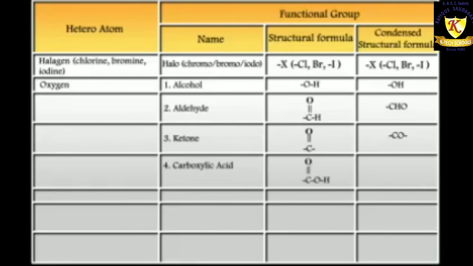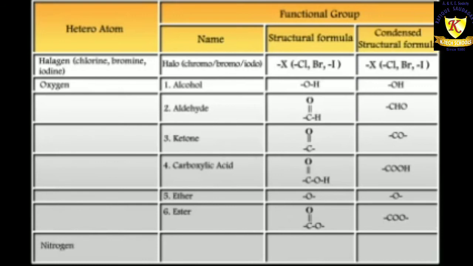Structural formula is C double bond O bond OH, and condensed structural formula is COOH. Next is ether, whose structural formula is O, and condensed structural formula is O. The sixth one we have ester, whose structural formula is C double bond O, and condensed structural formula is COO.